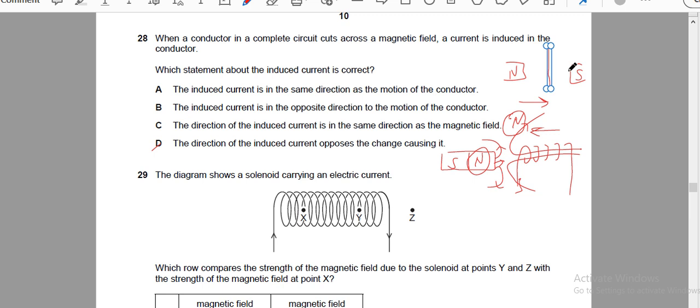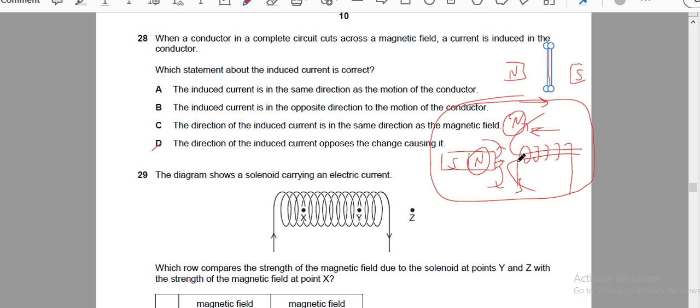I have a prejudgment that all of them are not necessarily correct, but I wanted to show you how to think. The last option is guaranteed to be correct, and we have Lenz's law.